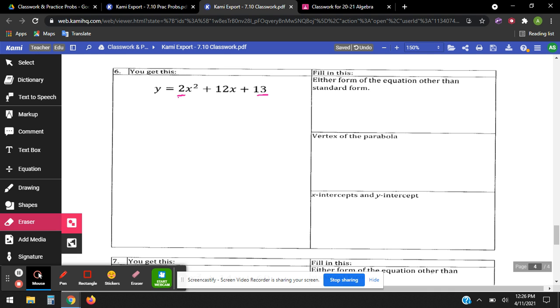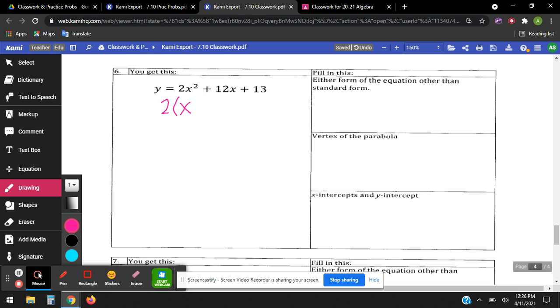I might actually just try the vertex form on this one. That'll be good practice with an A. So we'll do vertex form, which means, actually, I'm still going to have to take that out. So let's go ahead and just try this.